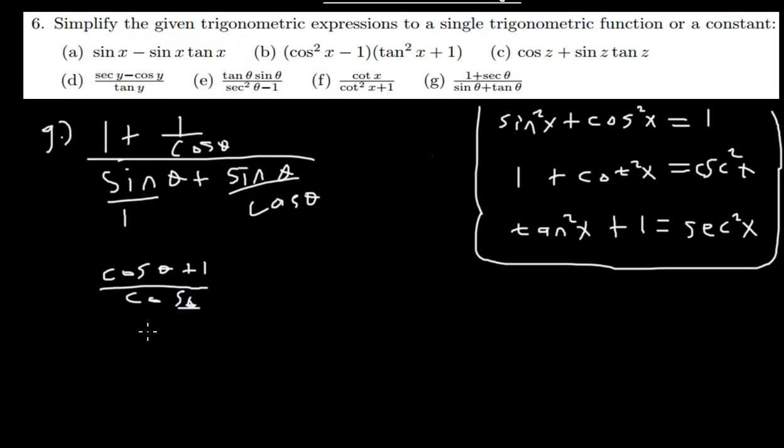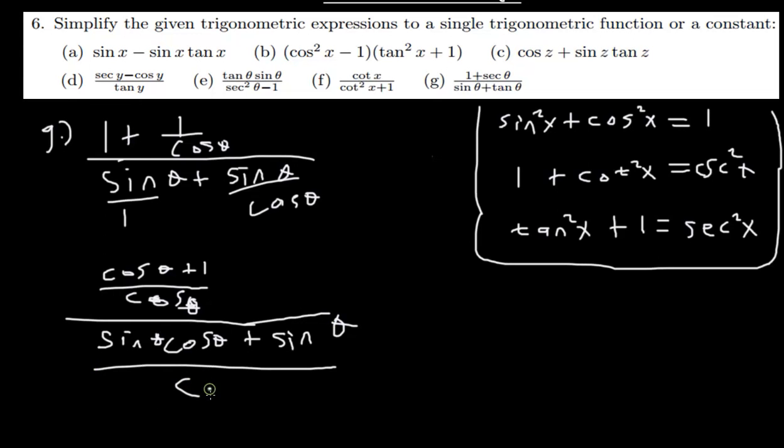And then everything there is going to give you sine theta plus sine theta cos theta, and when you find the common denominator and express it into a single fraction, it will be sine theta cos theta plus sine theta, everything divided by cos theta.